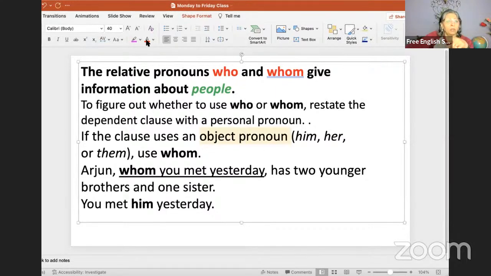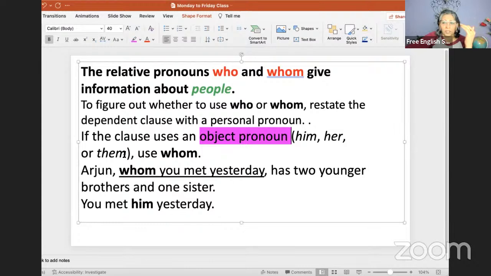Object pronouns, right? These include the object pronouns him, her and them. So him we use for a male, boy or man, and her for a woman or a girl, and we use them for more than one person.